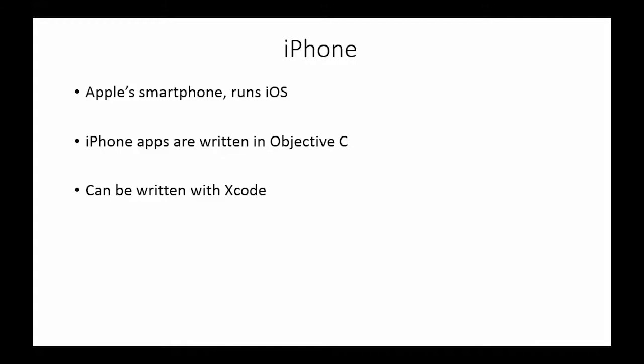It allows you to graphically drag around buttons, labels, text input areas, and images to make your apps look really nice really quickly and easily, which is really nice. There's not really a good Android answer for that. It's more of a code-based interface design on that side of things. So that's something that's really cool about writing for Apple. Otherwise, it's pretty similar to Eclipse with the syntax highlighting, the method suggestions, and all that good stuff.